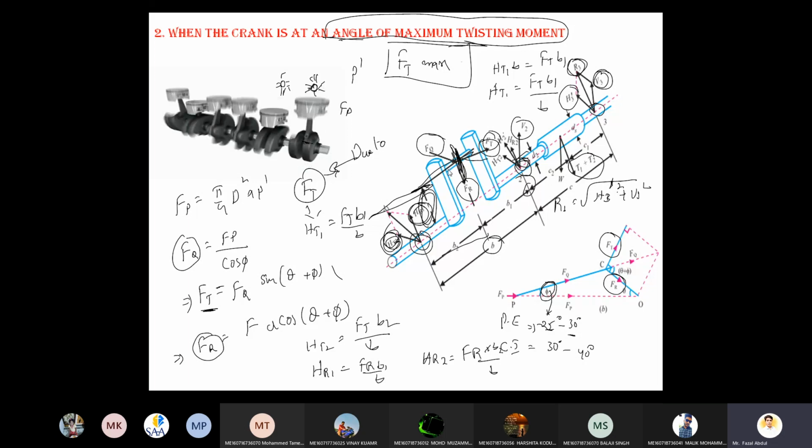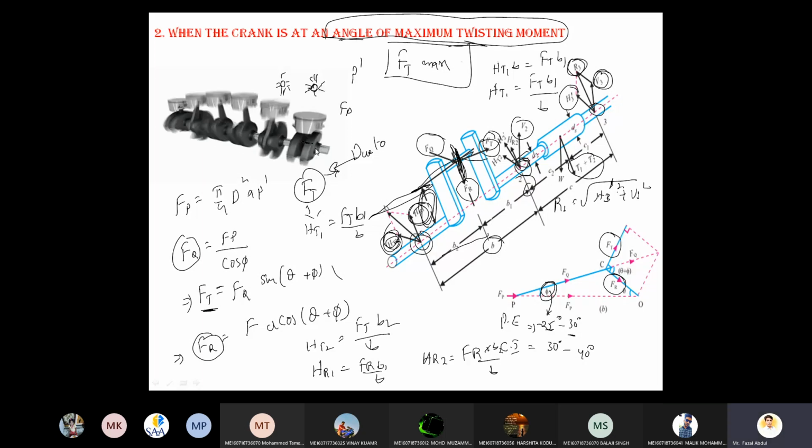While designing, you can see in this animation video that the connecting rod is continuously creating thrust on the crank pin here. Because of that, these crank webs are sometimes subjected to twisting, here at the juncture.